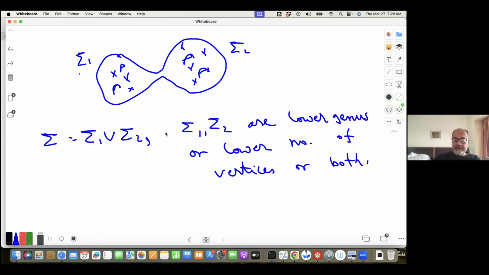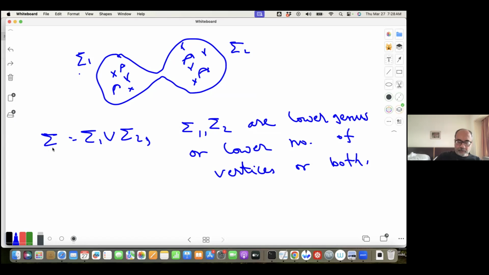While defining the amplitudes on sigma 1 and sigma 2, we would have already chosen some PCO locations, right? Because for each, you would have chosen how to choose the PCO locations at various points in the moduli space. Now, sigma is a different Riemann surface, so a priori it has a completely independent choice of PCO locations.